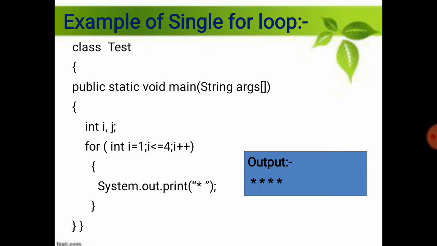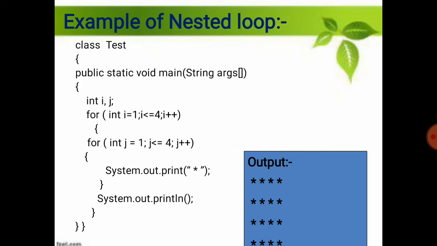But my topic is nested for loop. So this is the example of nested for loop. Here I have taken two loops. The first loop is for i = 1, i < 4, i++. And within this I have taken another loop, for j = 1, j < 4, j++.